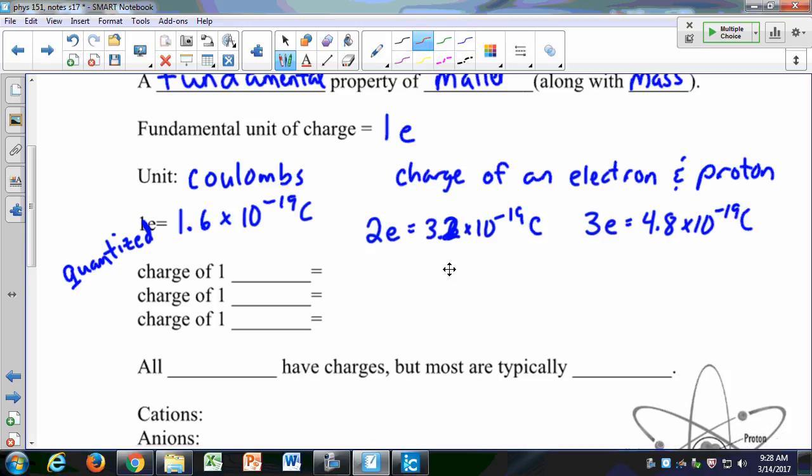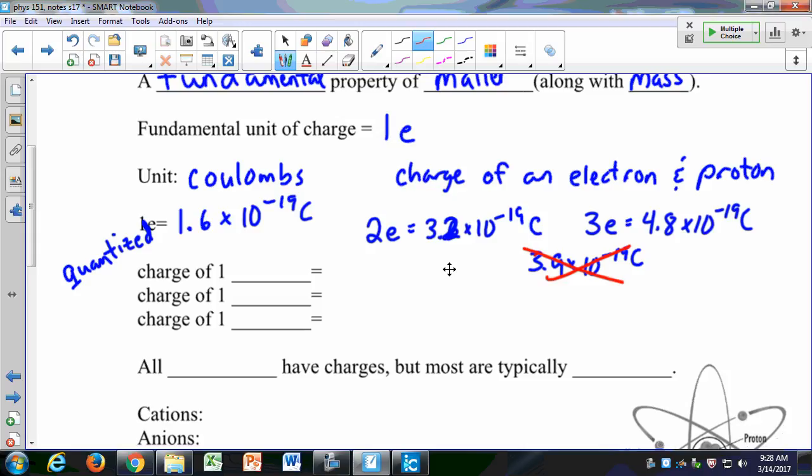But I cannot have, say, 3.9 times 10 to the minus 19 coulombs. That's not allowed, because that would mean that I would have some fraction of an electron or a proton.